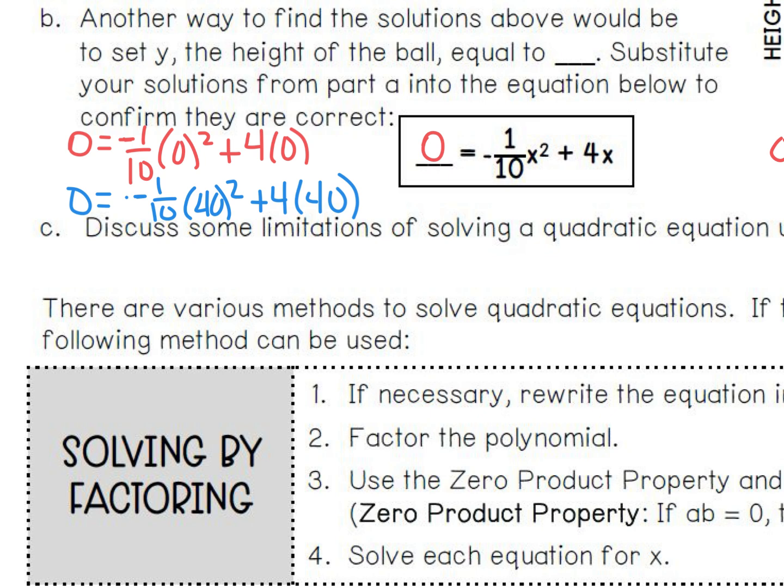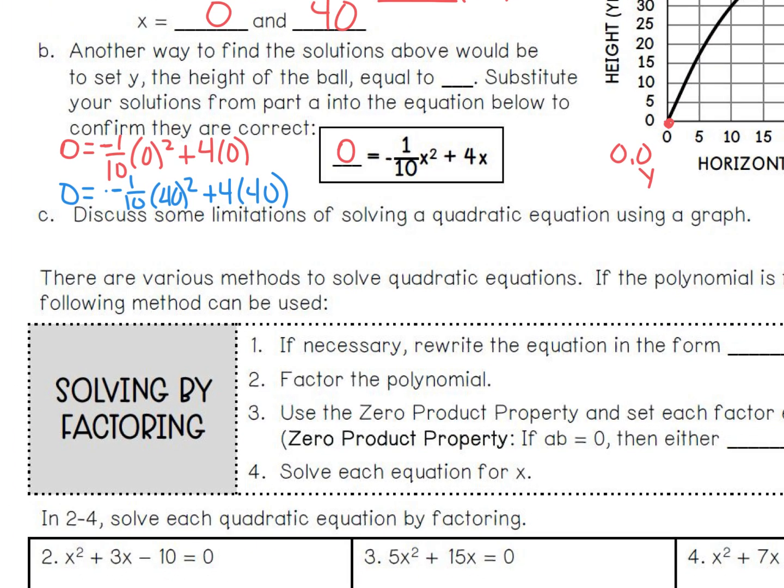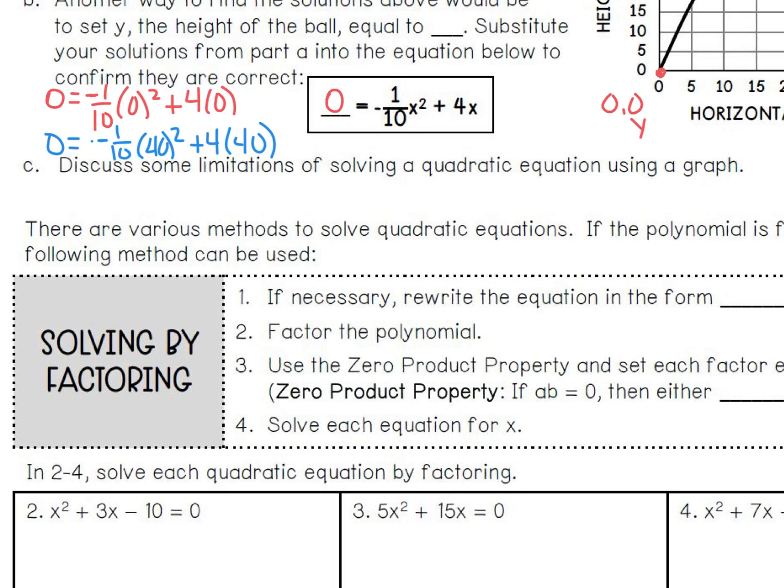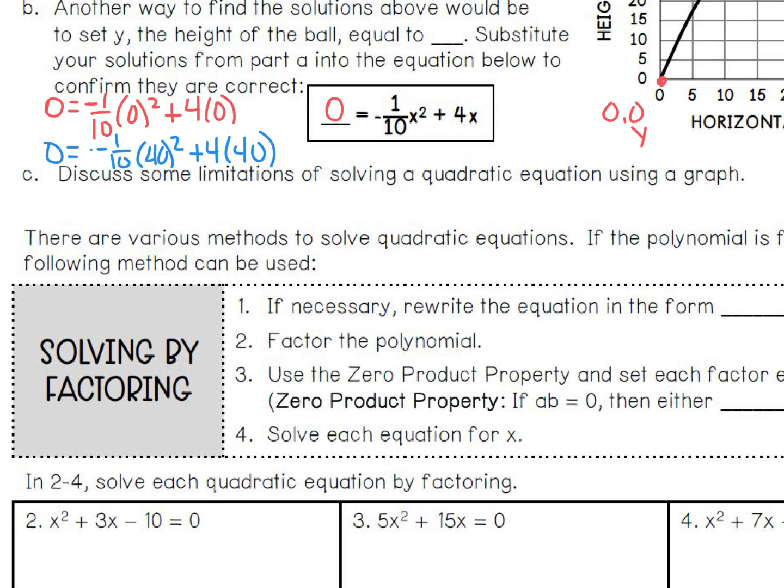What are some of the limitations in solving an equation with a graph? And think about what we did in our warm-up today, right? If it's on a graph like this, it's really easy to see. But on our warm-up, what did we notice about the roots? They were not on a point. They were not exact points. They were fractions.